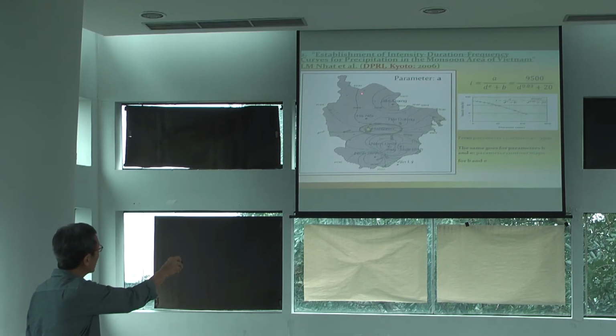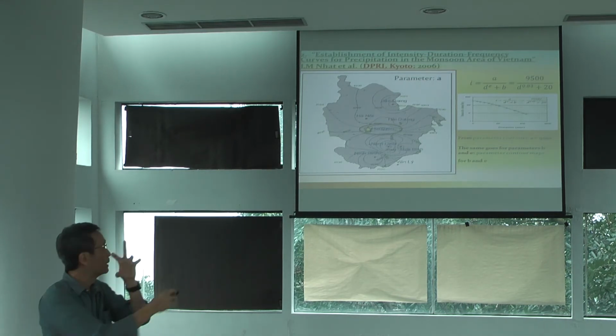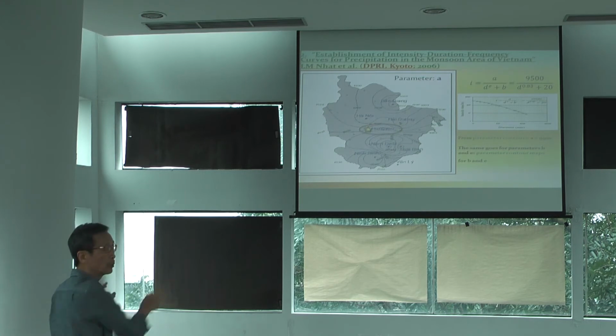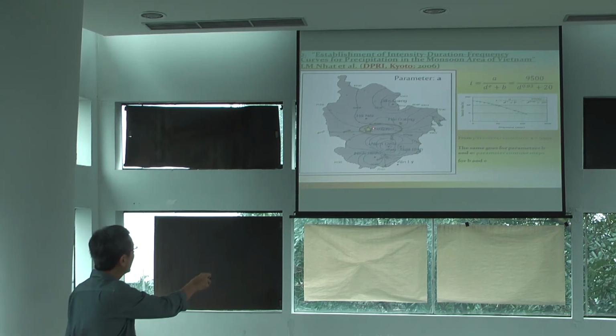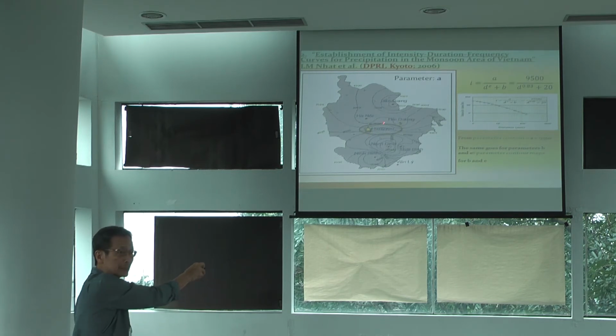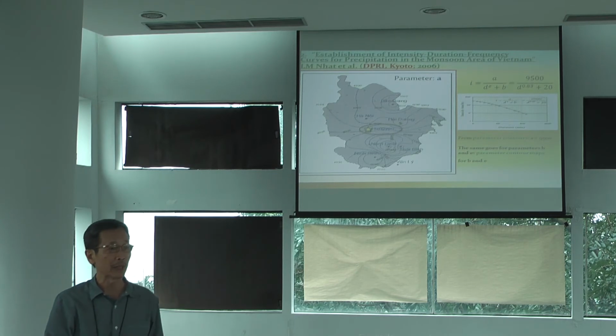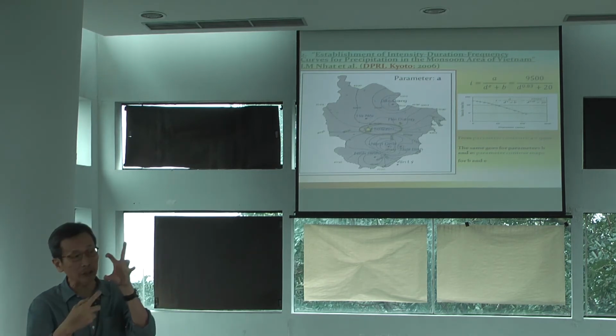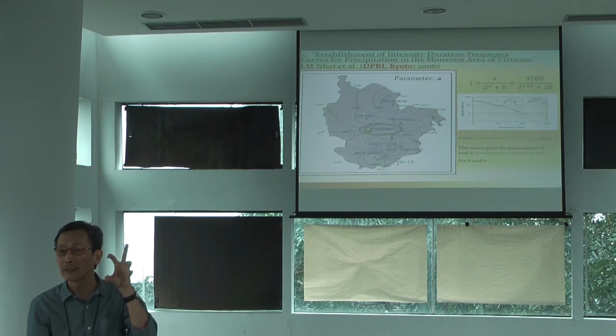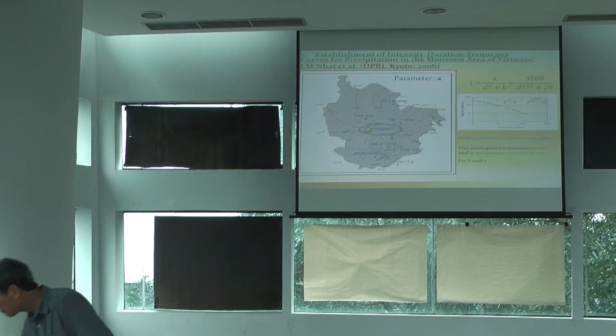But you see the red station inside, the one not known is here, the one with the star. For parameter A, for this unreached site, they just interpolate between the contour lines. The idea is quite simple, but again, it has to be within the domain of the station coverage.